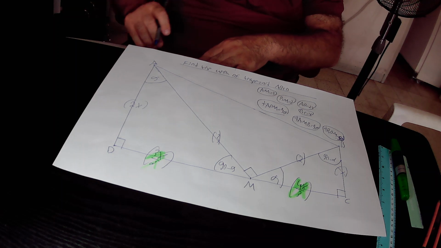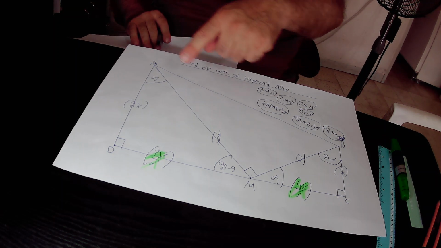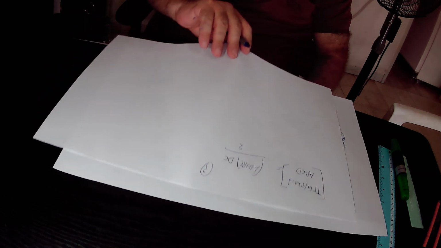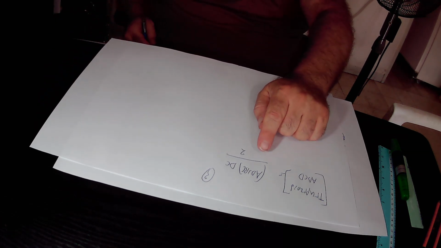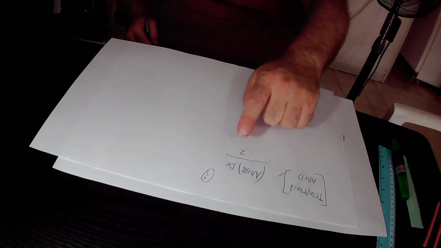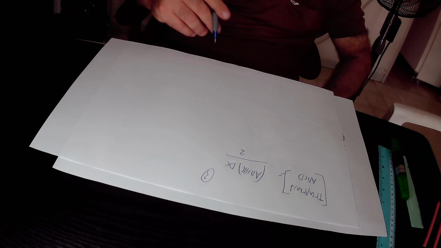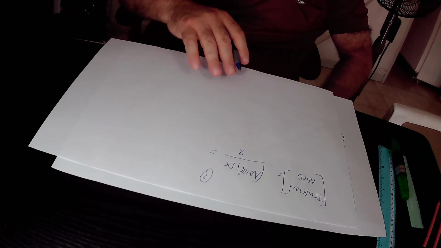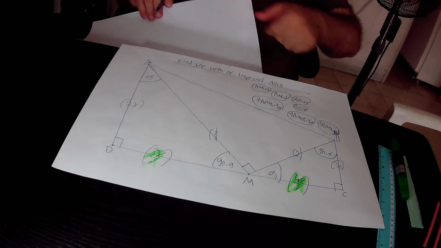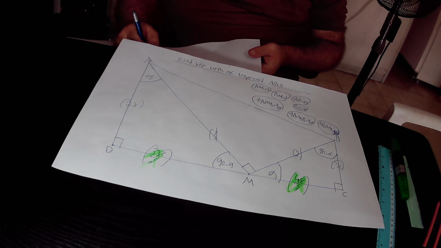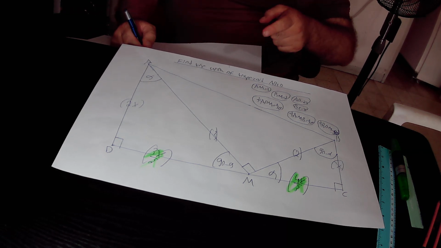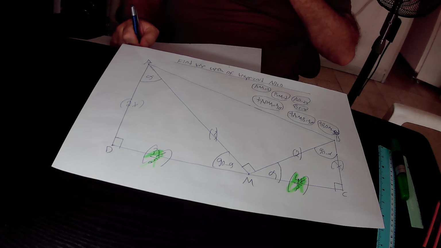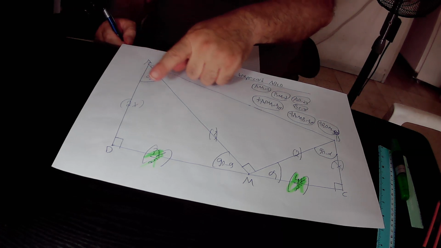So to repeat, the area of this trapezoid ABCD is equal to the sum of its two parallel bases, AD plus BC, times the height DC over 2. AD equals 2x plus BC, BC equals x, times the height DC.